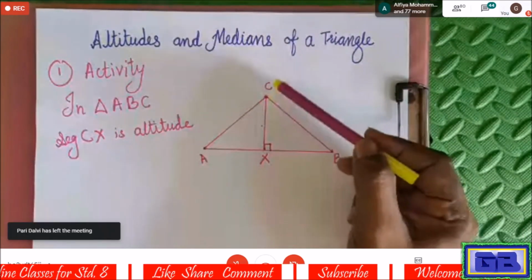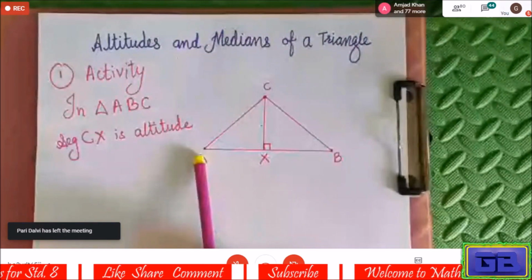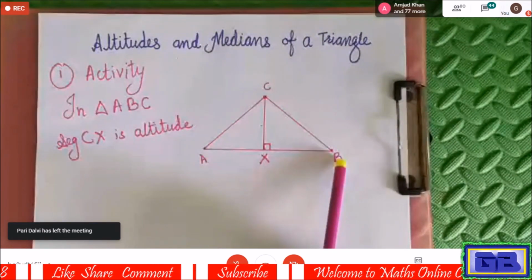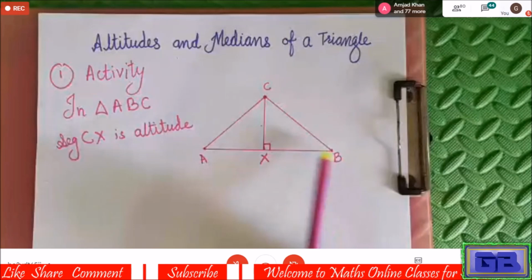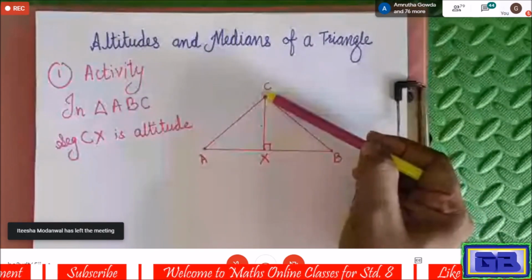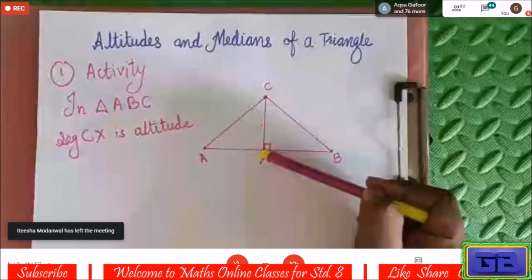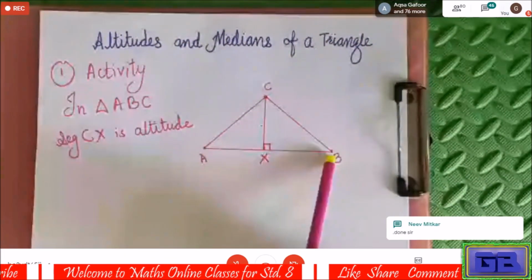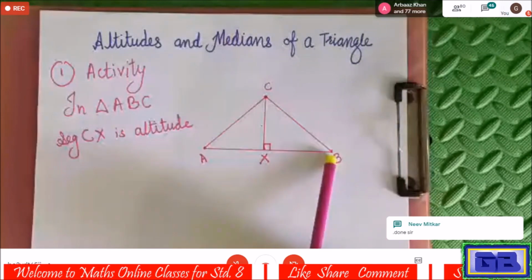C is a vertex, A is another vertex, and the third one is B. From this vertex C, we have drawn one perpendicular on a side which is opposite to it.